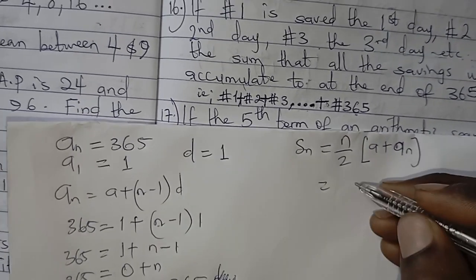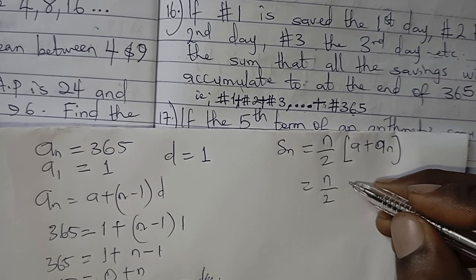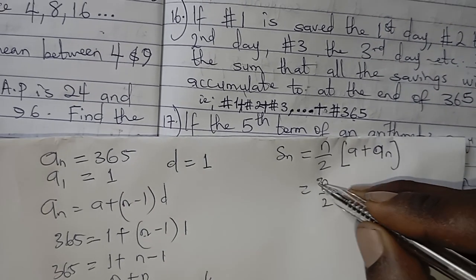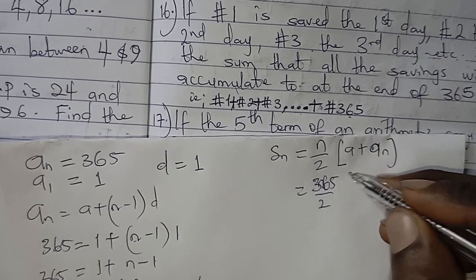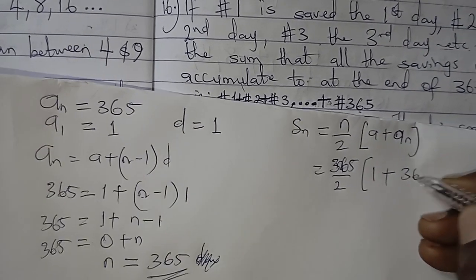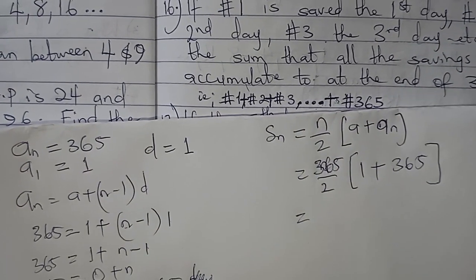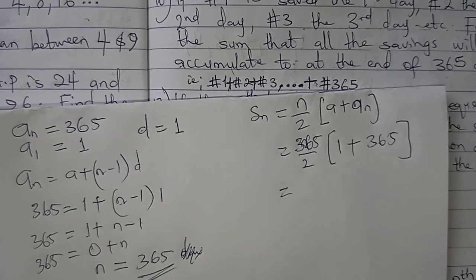So I should have n over 2, and An is 365. Then a is 1 plus 365. So let's make use of our calculator.